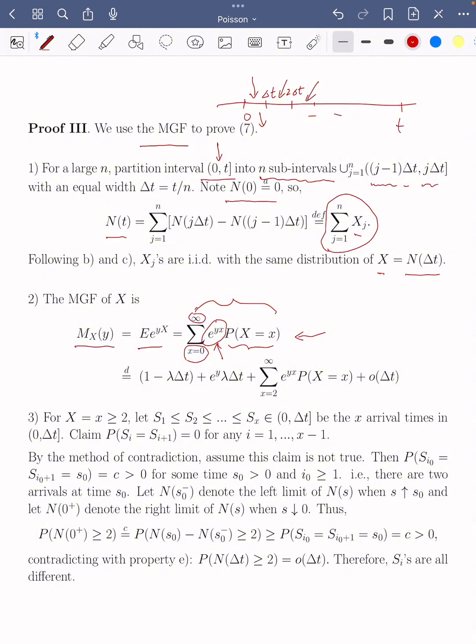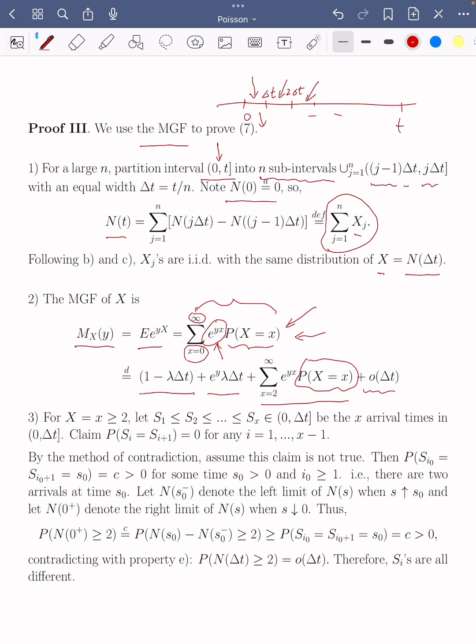So we can decompose this summation as follows: this is the case when x equal to 0, this is the case when x equal to 1, and this part is for x equal to 2 up to infinity, plus this little o delta t. Now the goal is to show this term should be very, very small.